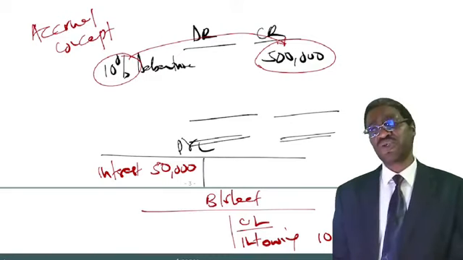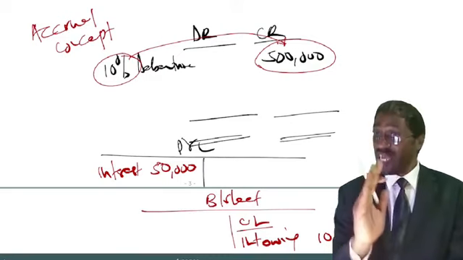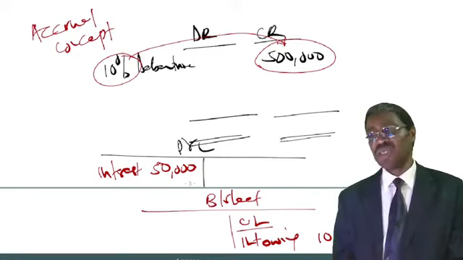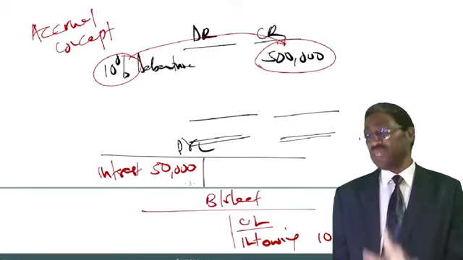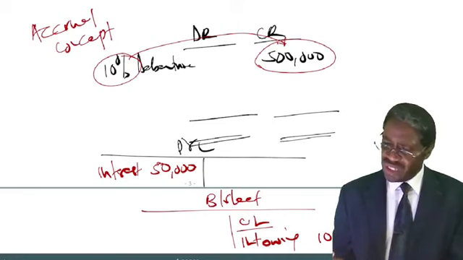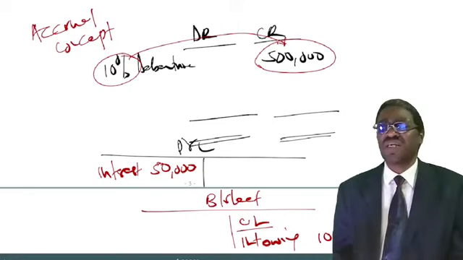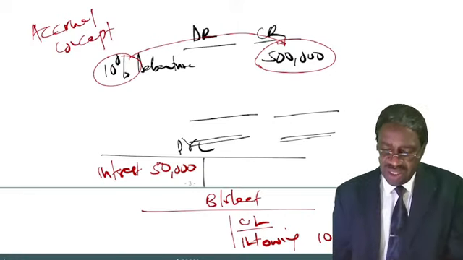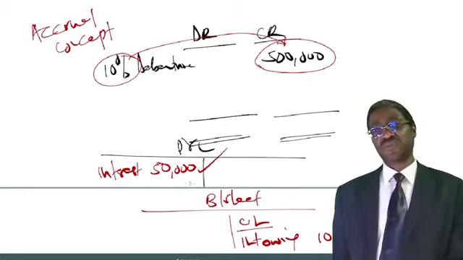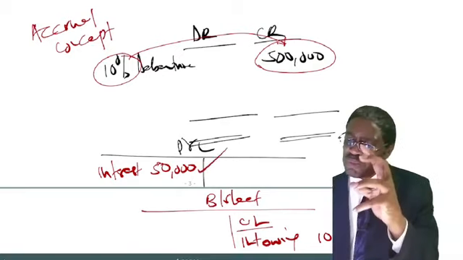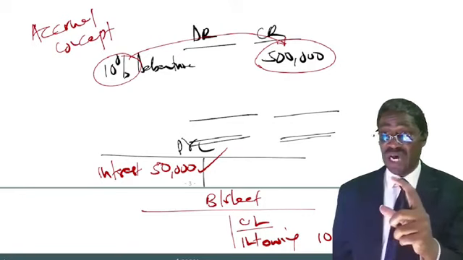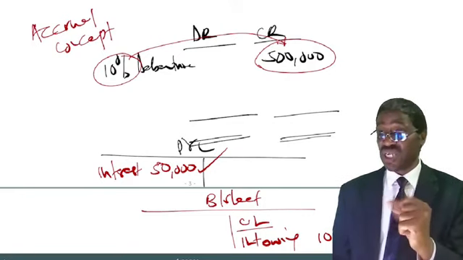Every year, I'm supposed to pay my debenture holders their interest at 10%. 10% of 500 is 50. So when I'm doing this income statement, it doesn't matter whether I've paid or not. I'll still charge how much? 50.